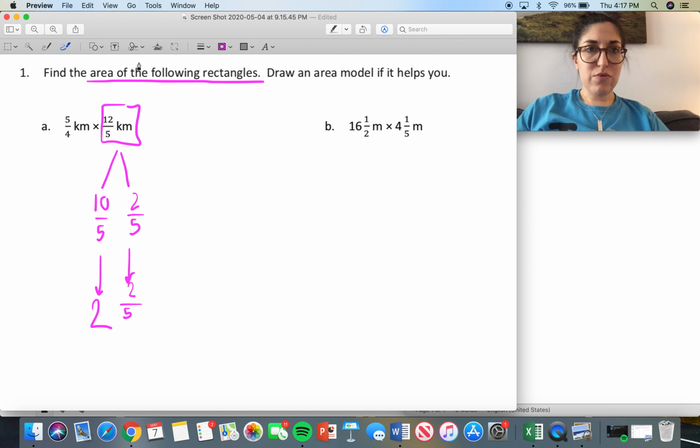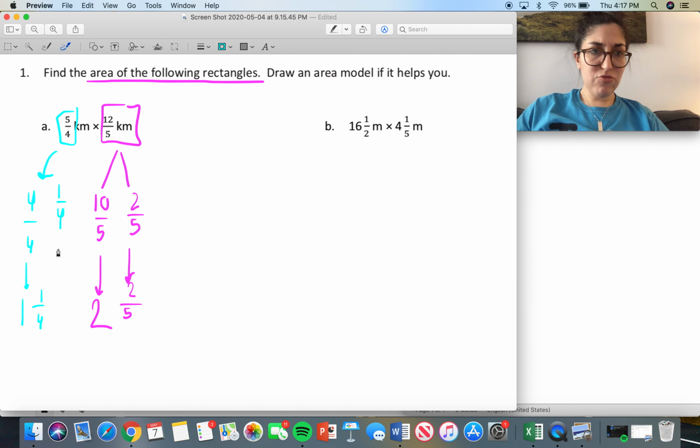And then we also have 5/4, also a numerator bigger than the denominator. We could break this into 4/4 and 1/4. And then I could make this 1 whole and 1/4.